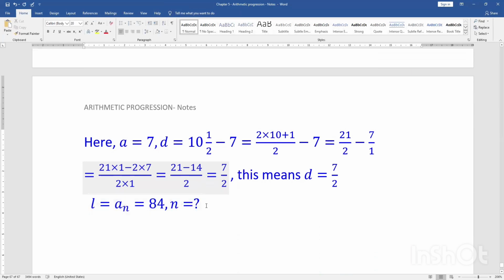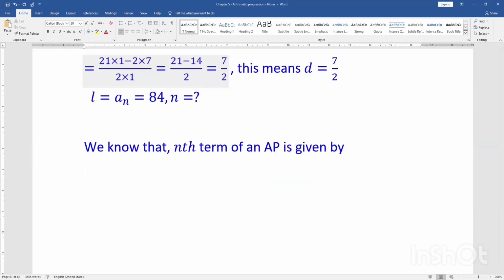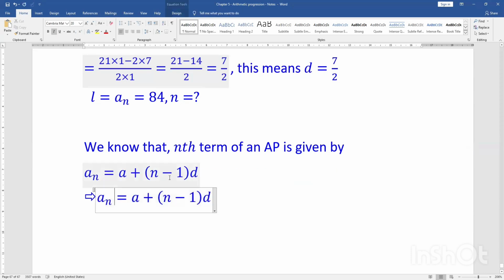Okay, and we know that the nth term of an AP is given by an equals a plus n minus 1 into d. Now I write the same formula, but I'm going to substitute.